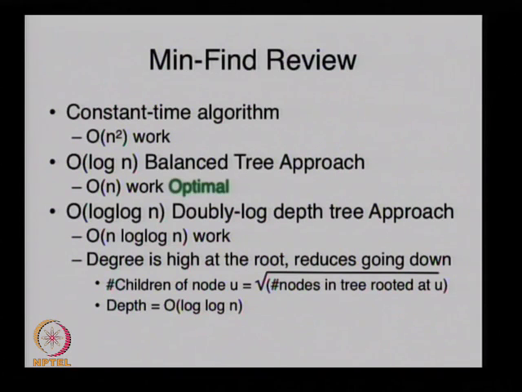Okay, and it's important to note that the degree keeps going down as you go down the levels of the tree, because the amount of work you're doing in any given node keeps going down. So the branching is also dependent on the size of the work that you're going to be doing. So now you've changed it from a constant branching level tree to a branching level that says something about the size of the work to be done at that level.